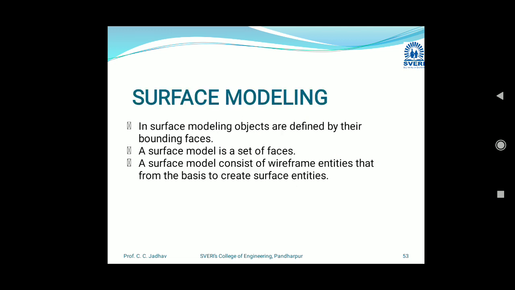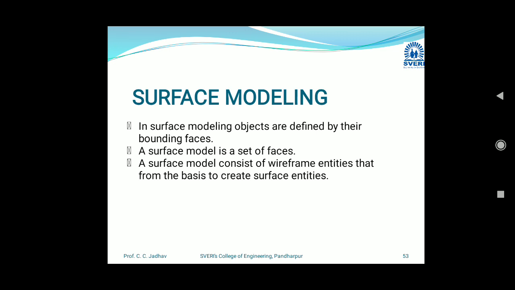Next is surface modeling. In wireframe modeling we are representing the 3D model by using lines and curves, but in surface modeling we are creating surfaces for representing the objects. In surface modeling, objects are defined by their bounding faces. A surface model is a set of faces where we can represent the objects.